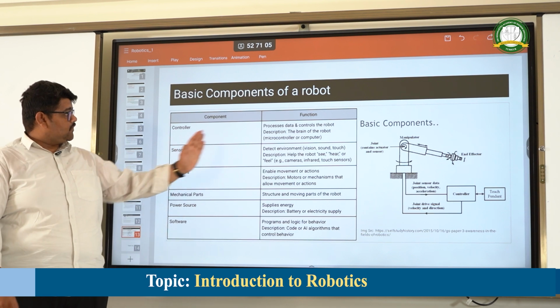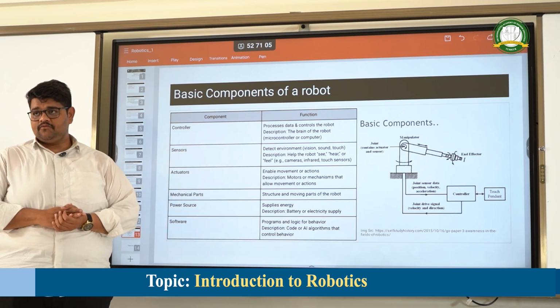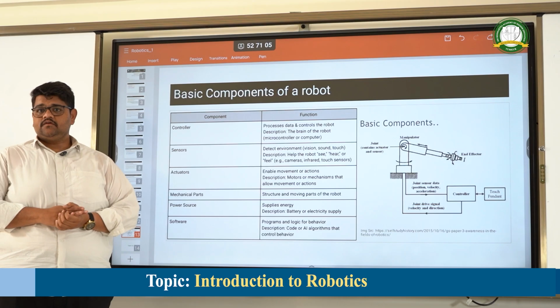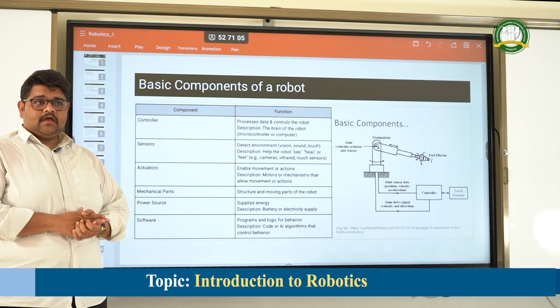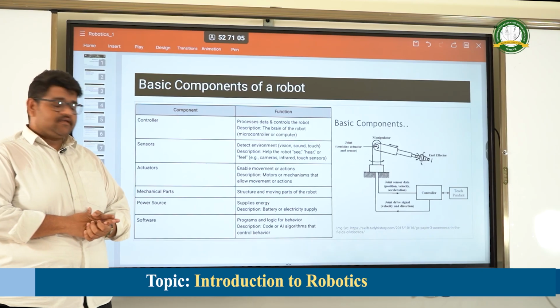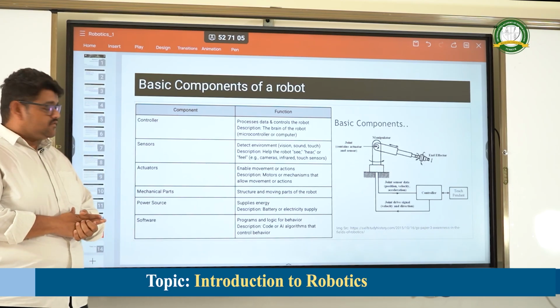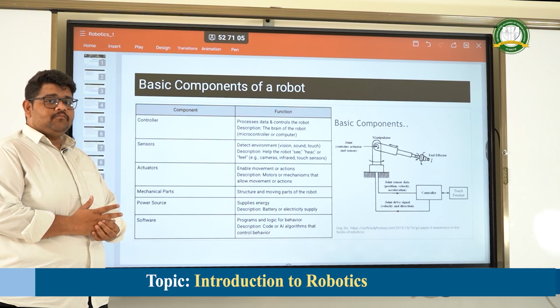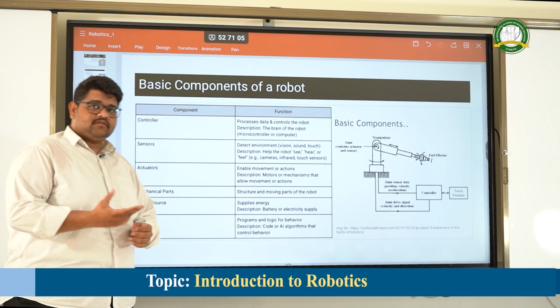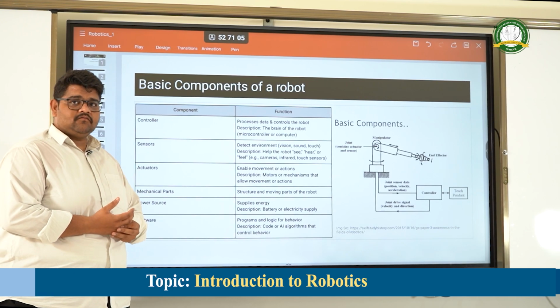First, controllers. Controllers are the brain of a robot. Controllers have to process the data and put out the desired output. Sensors are like sensory organs in a human being. They help robots to see, sense, or observe their environment.